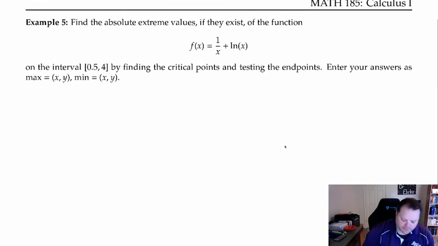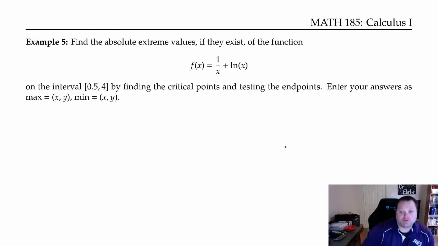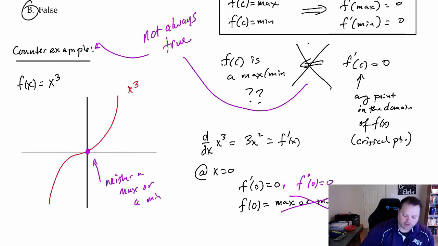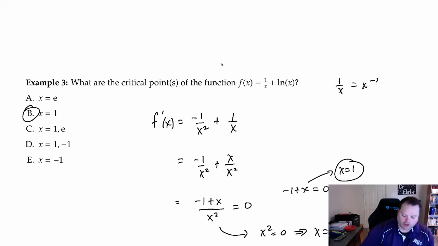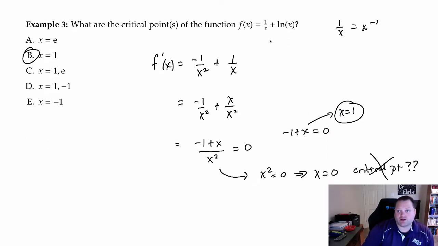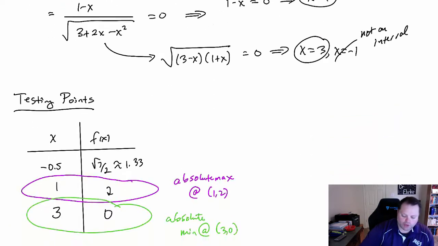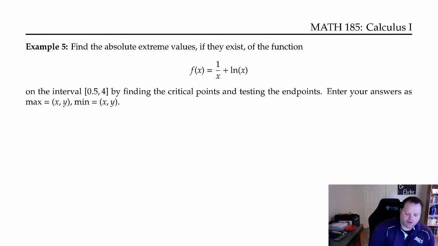All right, so if you look at this example, we already found the critical points for this example earlier. So if you look at 1 over x plus natural log of x right here, we found that the only critical point for this example is x equal to 1.